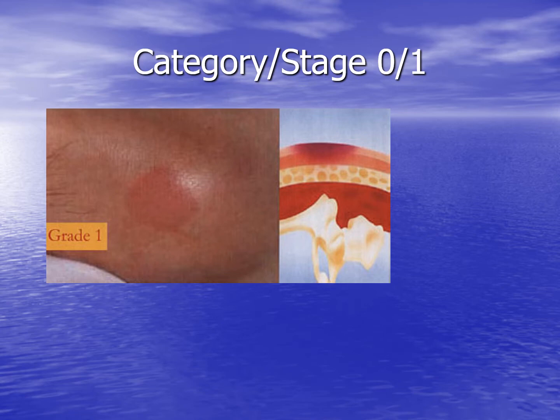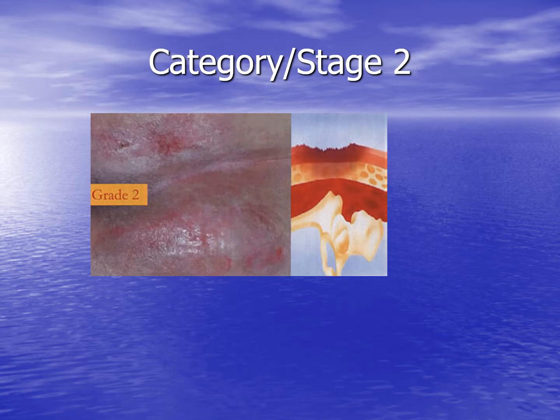When you're seeing the category 0 or the category 1 pressure sore, you see that redness. That's the body diverting blood into the area to try and repair it. Category 2 is where the skin is now broken down, so it could be completely gone or it could be diffusely gone, as in the picture.